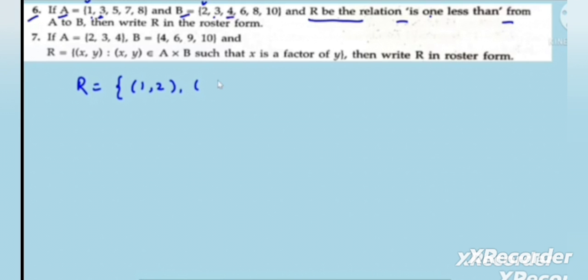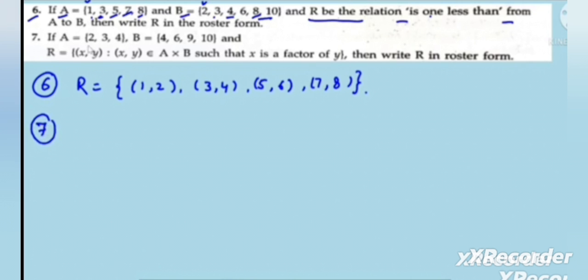It may or may not be possible for all elements of A. Then (3, 4). Similarly (5, 6), 5 is 1 less than 6. 7 is 1 less than 8, and 8 is 1 less than 9, but 9 is not there, so we cannot take anything with the 8. So this is the set R.